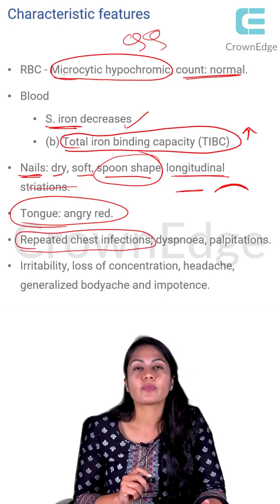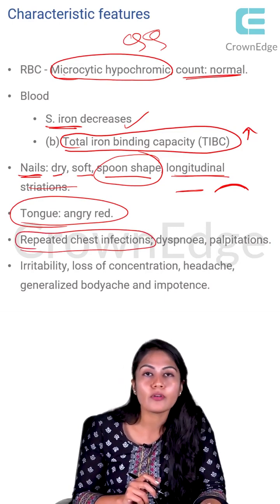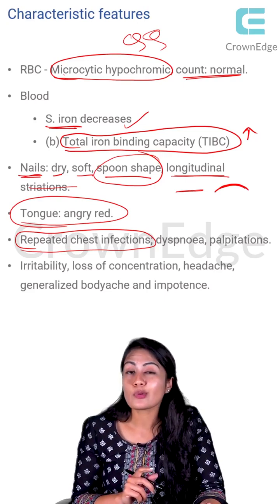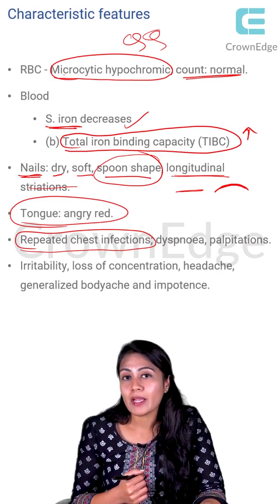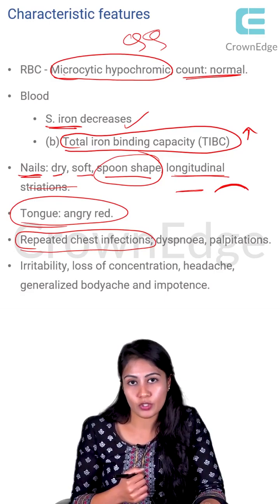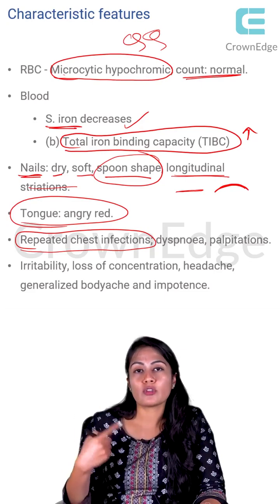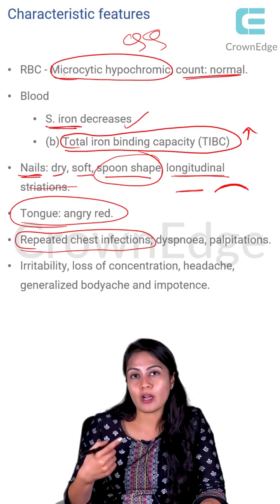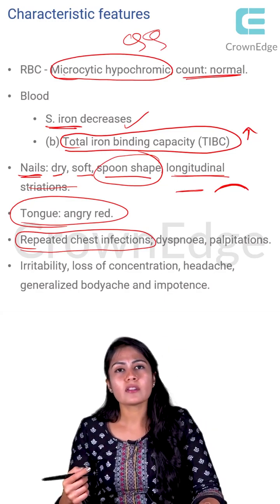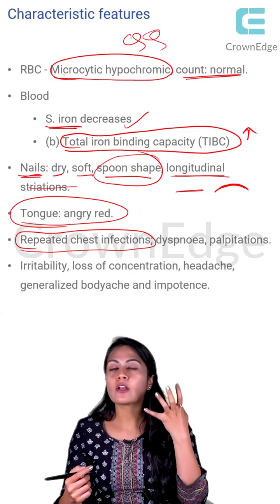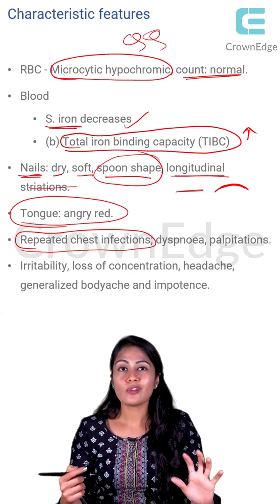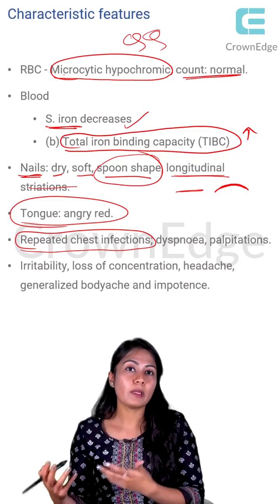Why? Because iron is not only important for the RBC, but also important for the WBC, right? If you compare RBC and WBC production, you're using much of the energy to produce more and more RBC, because in the lack of iron, the RBCs are not working properly. So you require more and more people.